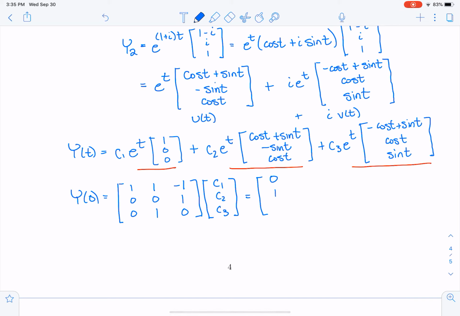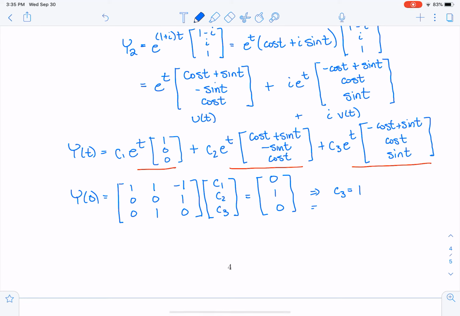0, 1, 0. Now, you can actually read off the solutions pretty easily without doing row reductions here. You can see from the second row that we get that c3 is equal to 1.